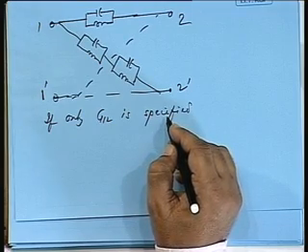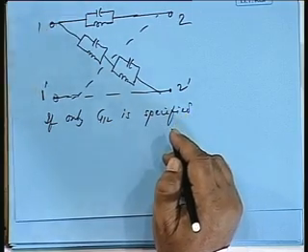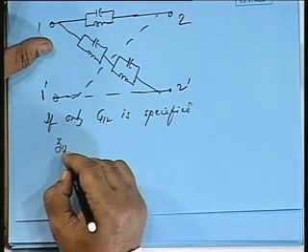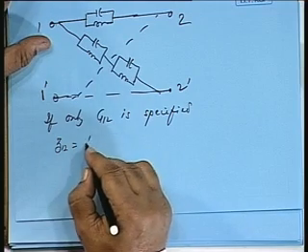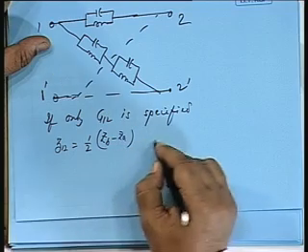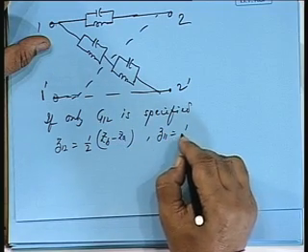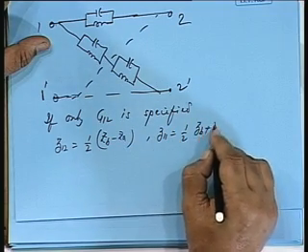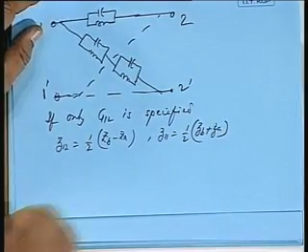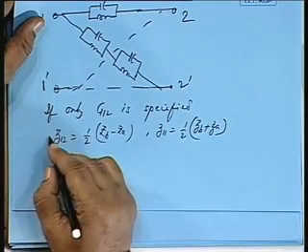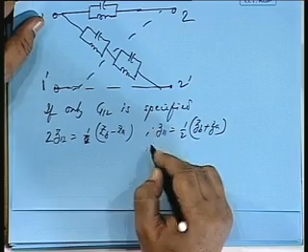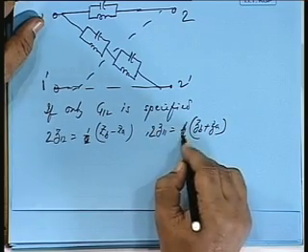only G12 specification means, Z12 is how much? Half of ZB minus ZA, and Z11 is half of ZB plus ZA. Or twice Z12 is equal to this, and twice Z11 is equal to this.